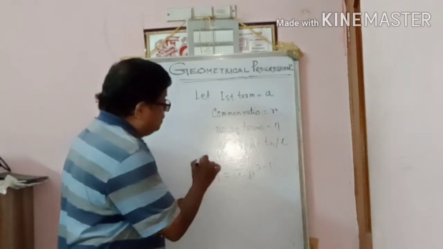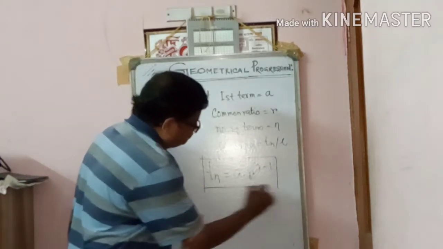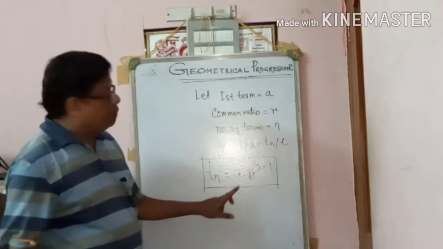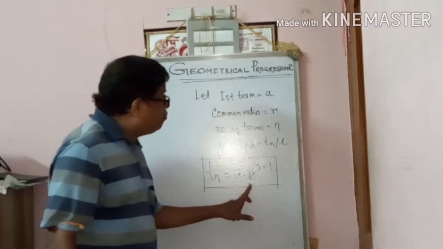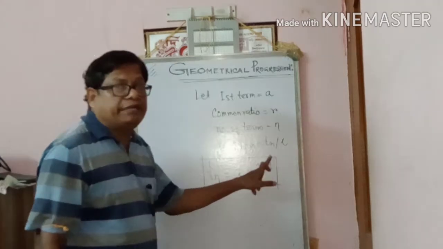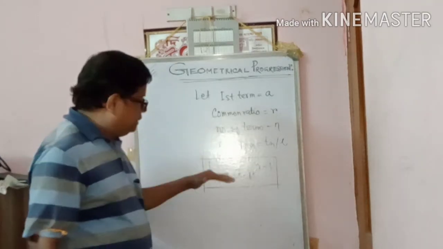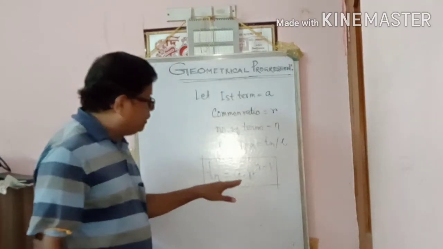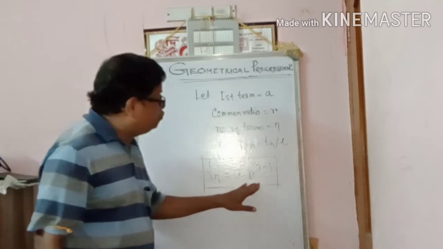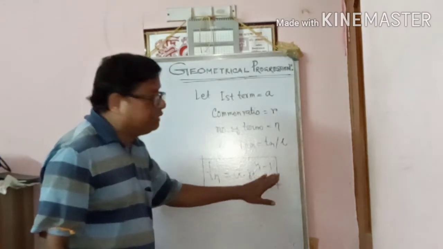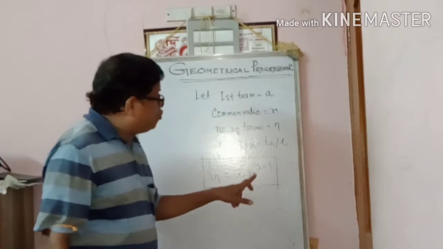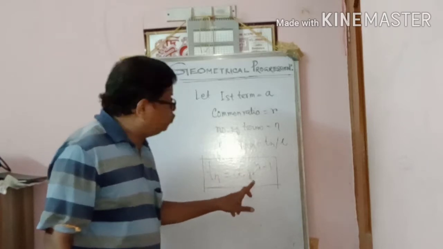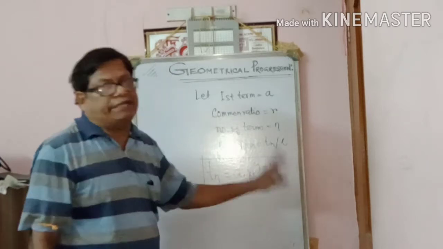So Tn, the last term, equal to A into R to the power n minus 1. First term into common ratio to the power number of terms minus 1.